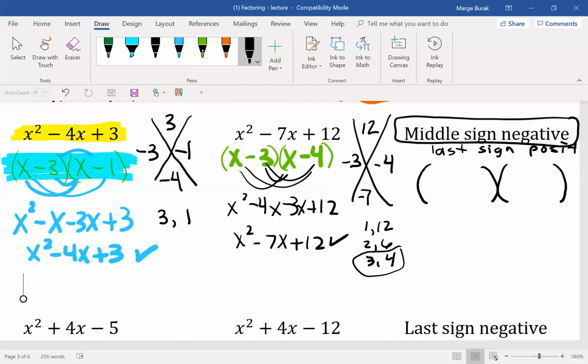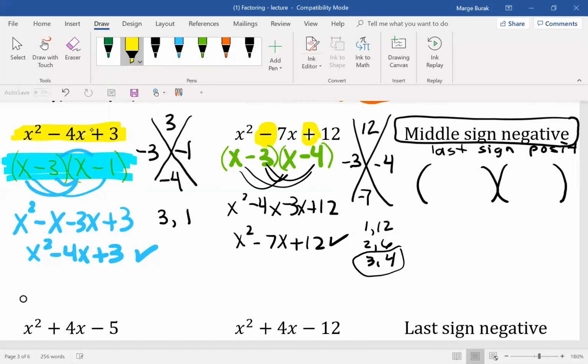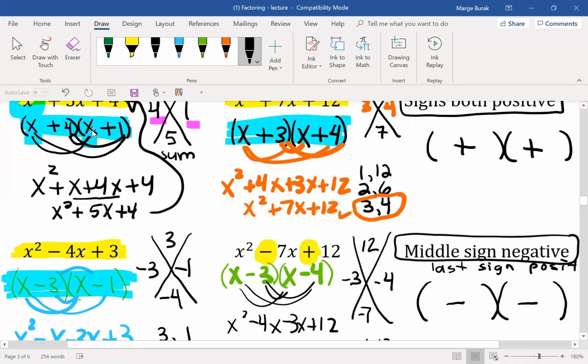I'm talking about this right here. If this middle sign is negative and this last sign is positive, then you will be guaranteed to have two negatives in your factors.